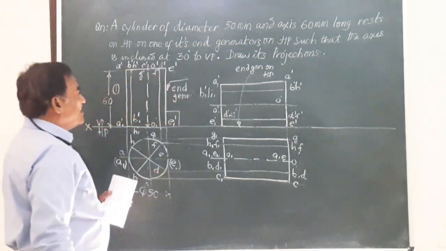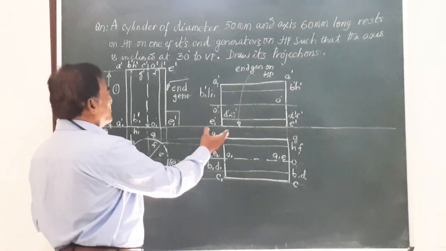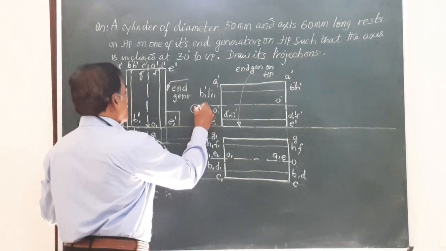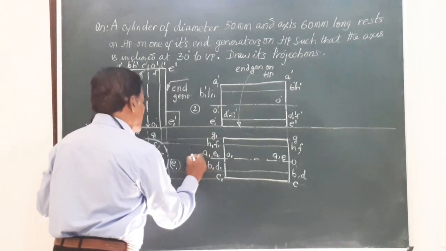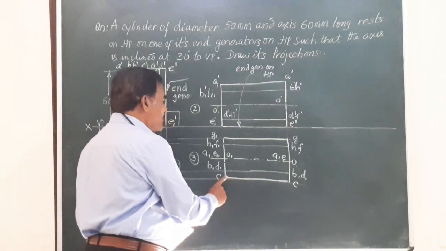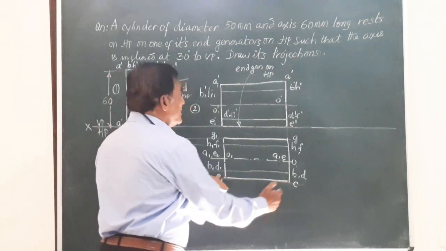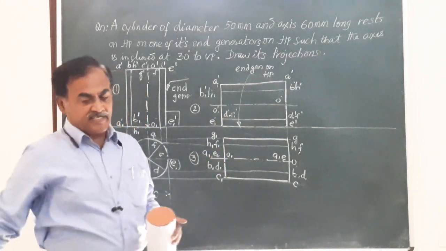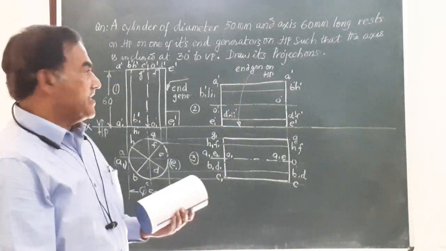Friends, you can see here the front and top views in the second position. If I call this figure number 2 and figure number 3, they are exactly identical. That means this will very obviously be 50 mm diameter, and this will be the length which is equal to 60. These two figures 2 and 3 are exactly identical.